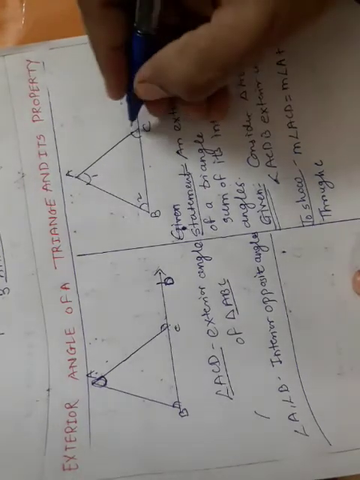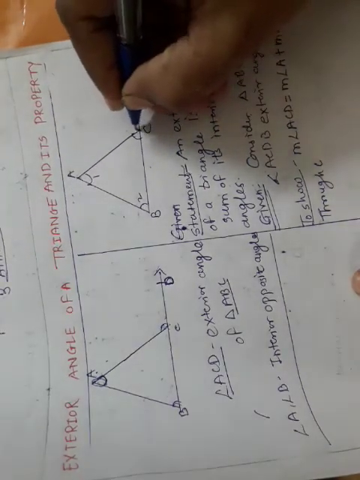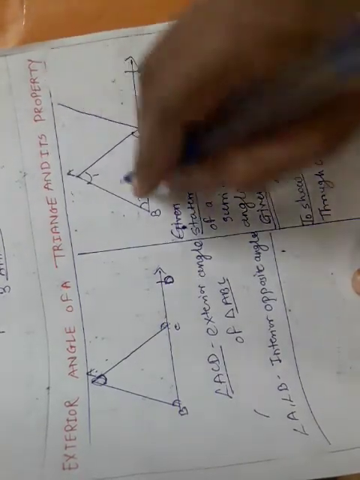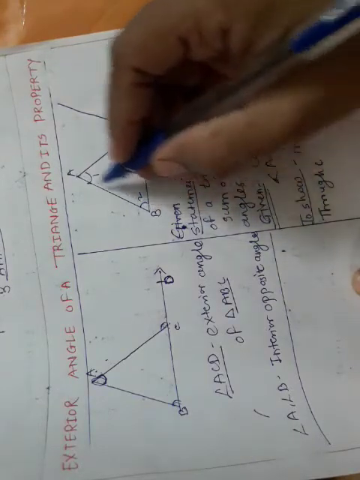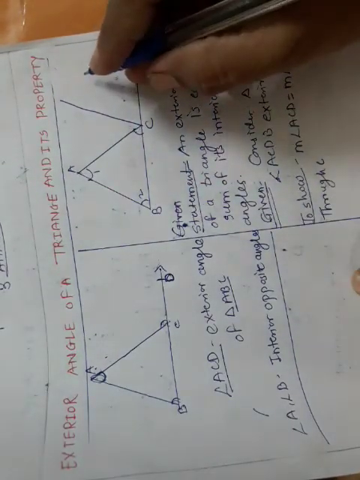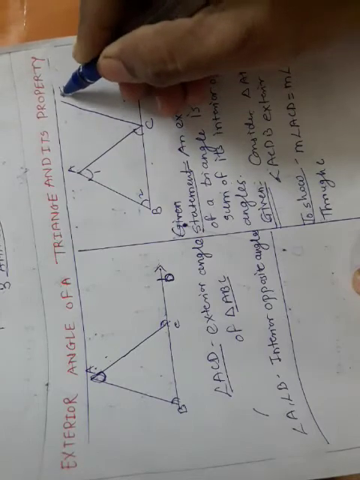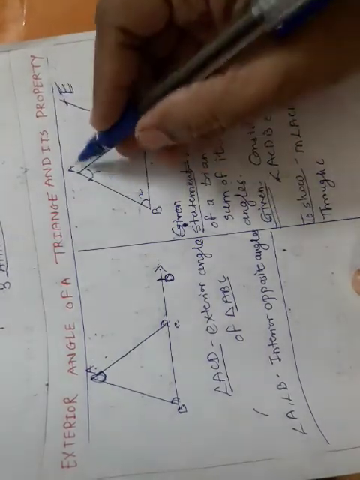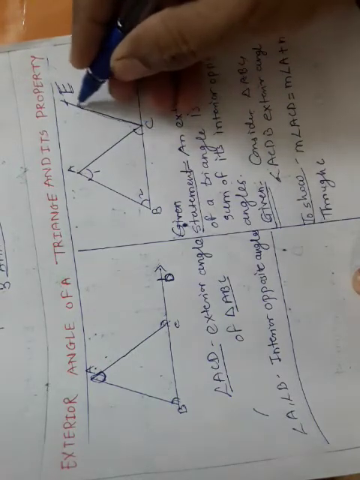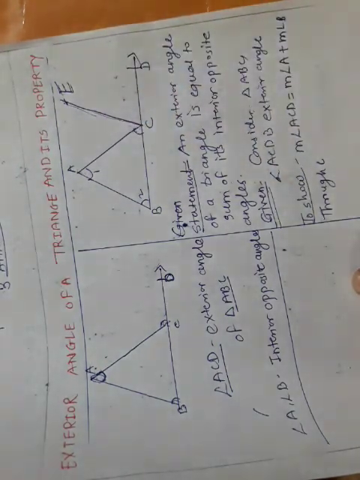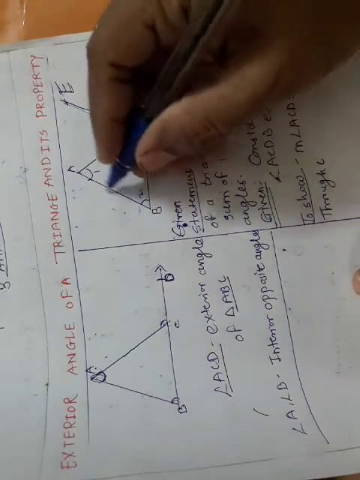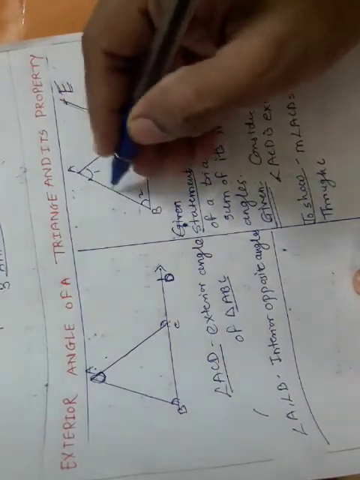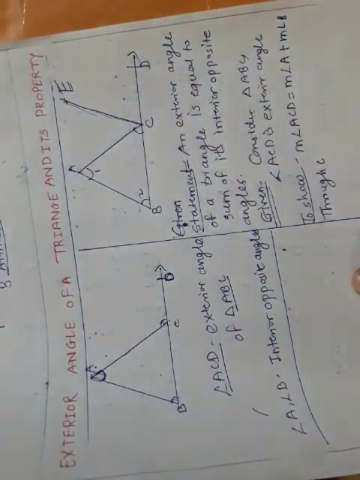Now through C we will draw a line parallel to AB. Now I will give the point here E. Through C I will draw the parallel line to AB.